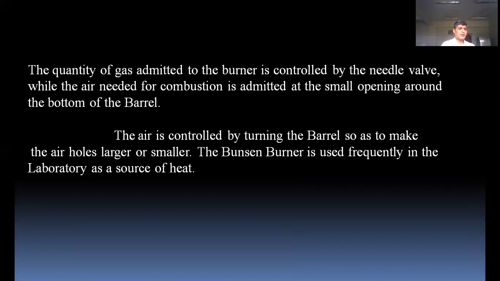Open the desk outlet valve fully, and check for leaks. Holding the flame above the barrel, open the needle valve half, and at the end adjust the barrel and then the needle valve for a blue flame. So this was all about the Bunsen burner, and we have to take care while working with it.